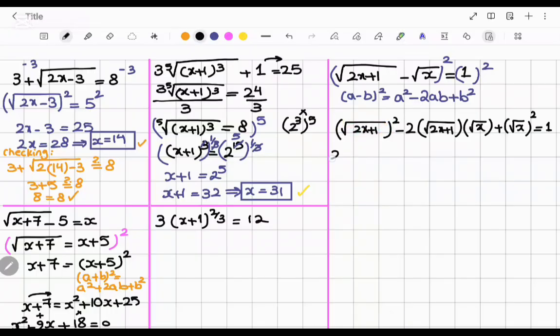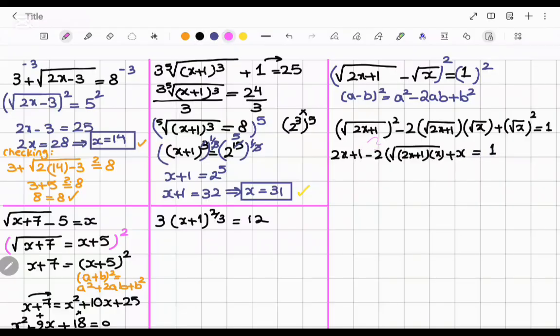So it's going to be 2x plus 1 minus 2 times radical. I would take both of these under the same radical and multiply them. So it's going to be 2x plus 1 times x. I will multiply it in the next step. And then that one, the square root of x to the power of 2, is just going to be x, and plus 1, okay?